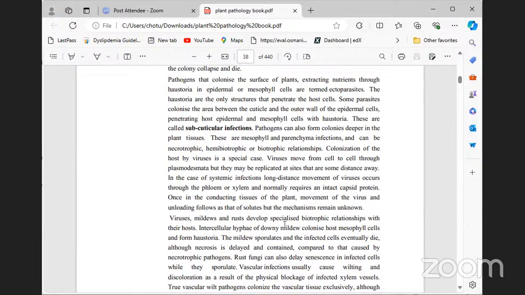Some parasites colonize the area between the cuticle and the outer wall of the epidermal cells, penetrating host epidermal and mesophyll cells with haustoria. These are called subcuticular infections.